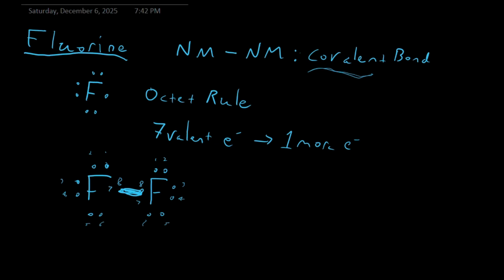So in this case, it's a single atom type, which means that it has to be a covalent bond. It can't be an ionic bond, because an ionic bond requires a metal and a nonmetal.